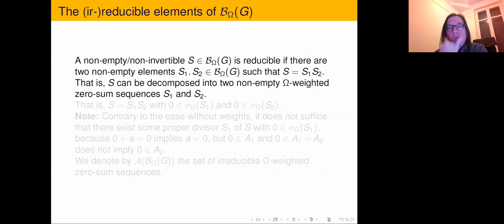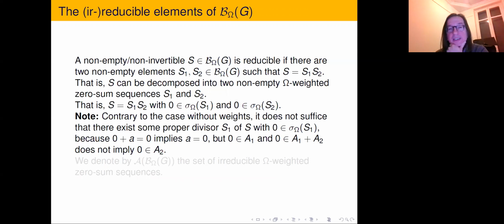Now one wants to study the factorization in these monoids. The first thing is to understand what the irreducible elements are. An element is irreducible if I cannot decompose it in such a way that 0 is a sum here and 0 is a sum there.